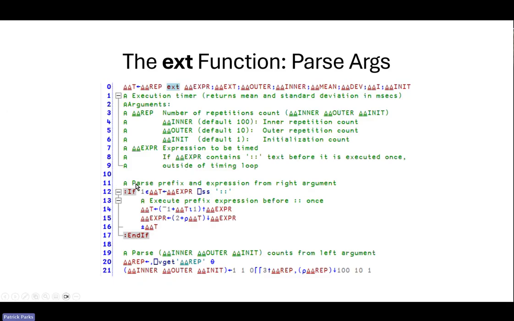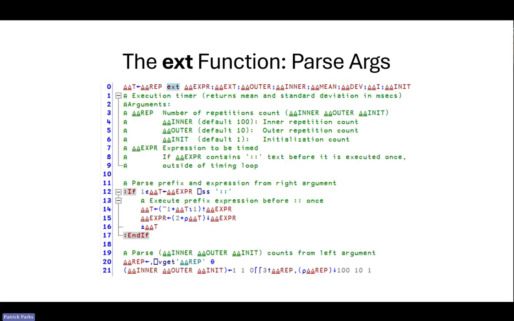Then the expression is just an APL expression to be timed, optionally with a double colon in it. The text before it is executed once outside of the timing loop, and the expression to the right of it is the actual expression to be evaluated for timing, and that one is what we time. So we parse the right argument here. If it doesn't contain any colons, then it's already properly formed, and the variable delta EXPR is already defined as the test expression.